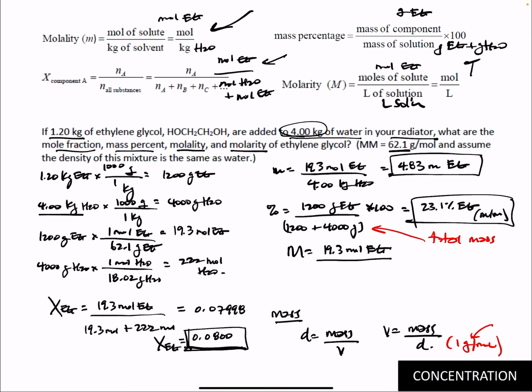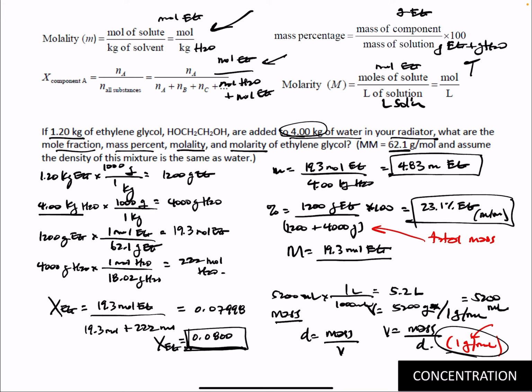The volume is 5,200 grams divided by 1 gram per milliliter, which is 5,200 milliliters, or 5.2 liters. Solving that, I get 3.71 molar.